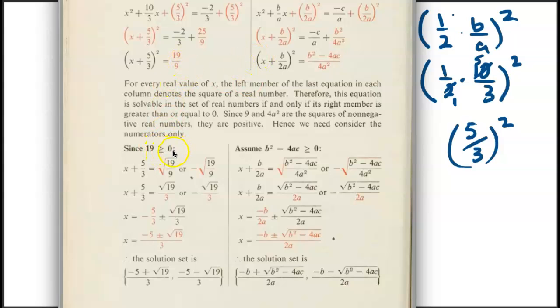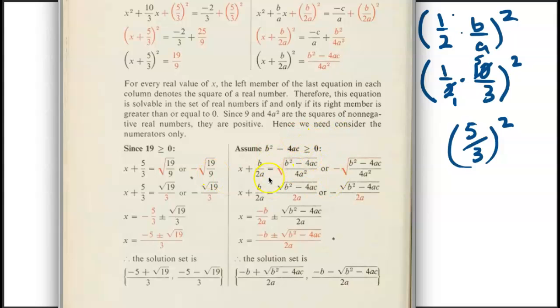That's obvious. So if we take the square root of x plus 5/3 squared, we get x plus 5/3. That means we need to square root the other side. So we either have the positive square root of 19/9, or the negative square root of 19/9.